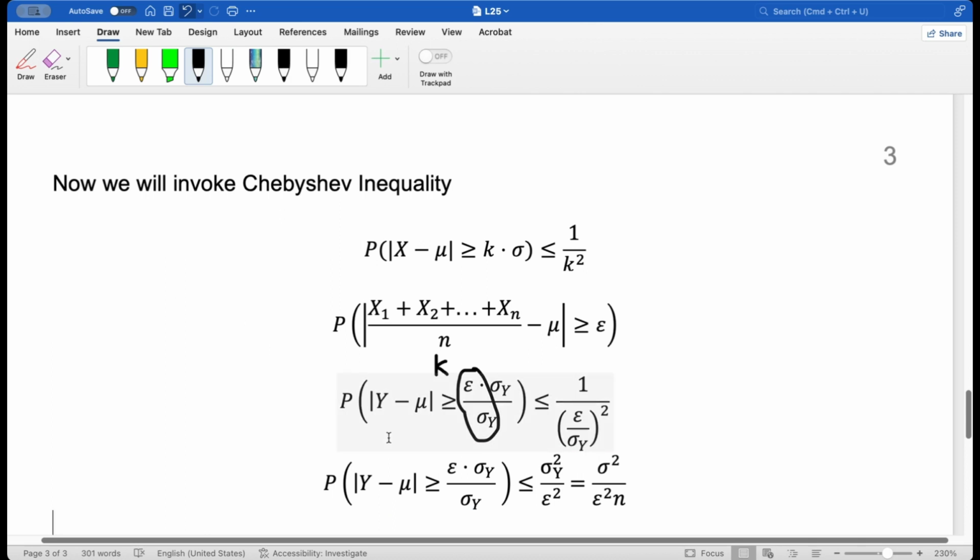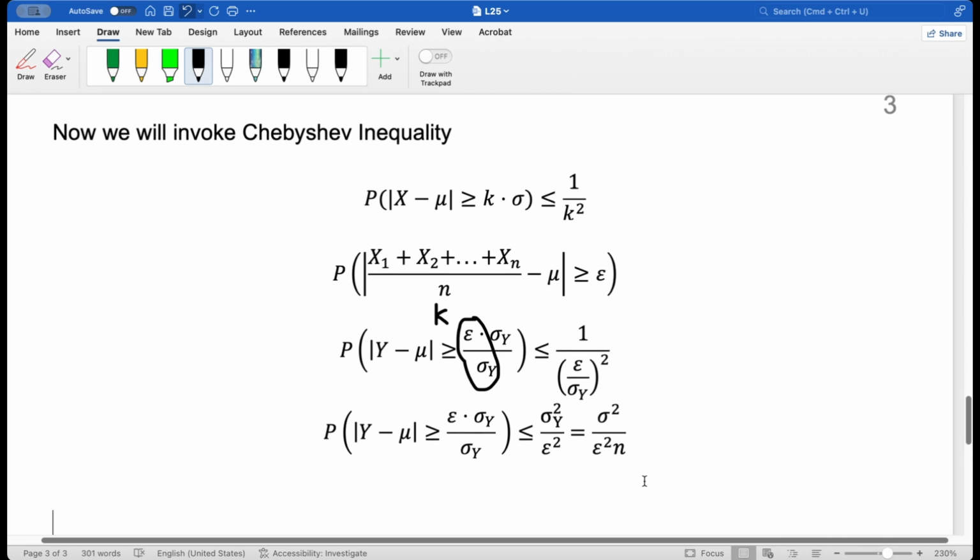So that flips over to sigma y squared over epsilon squared. Now remember, sigma y squared is sigma squared over n. And what's going to happen is, as n goes to infinity, these other terms are fixed constants. That expression will go to 0, and we will get the result that we wanted here.